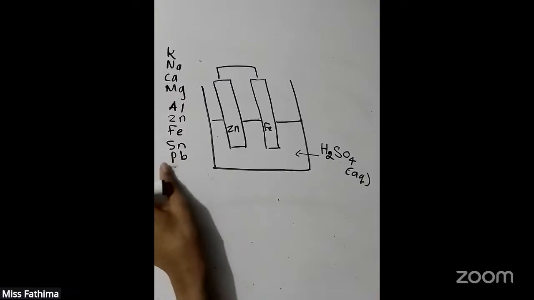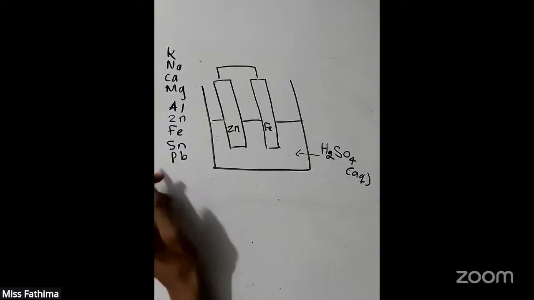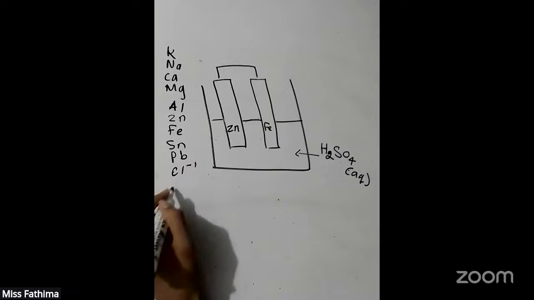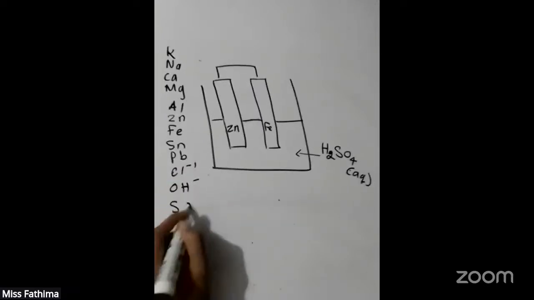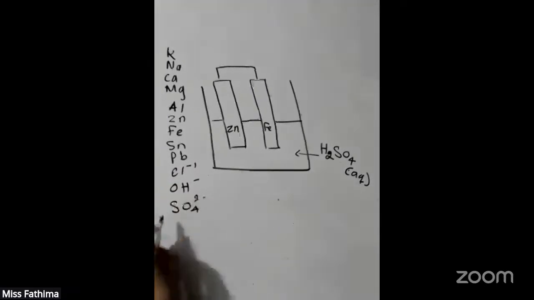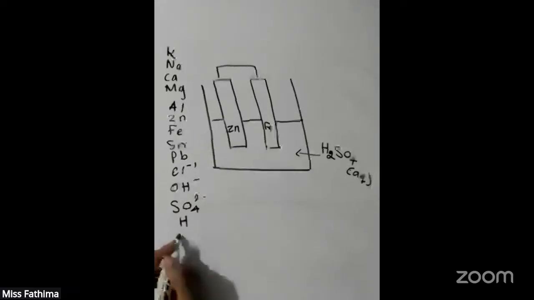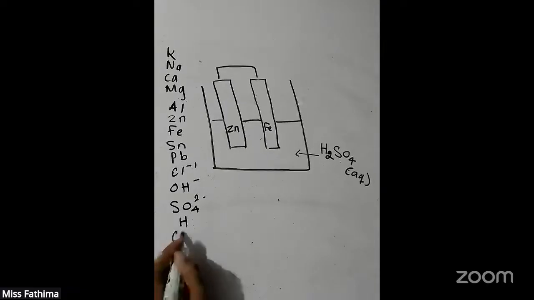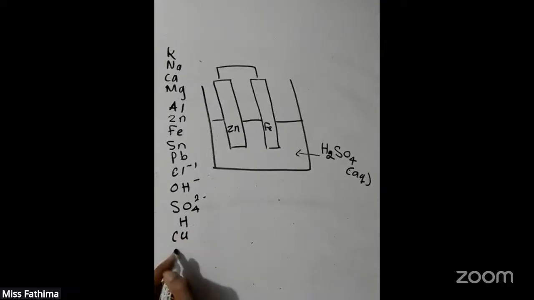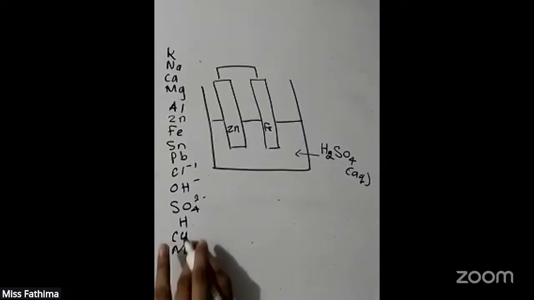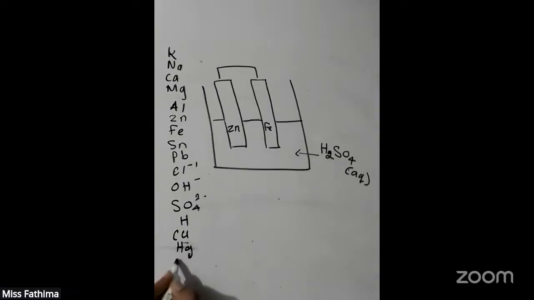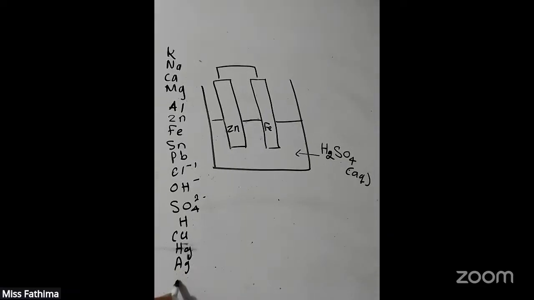Now here you have to add, as I told you, three other ions: Cl minus, OH minus, SO4 2 minus. Then you continue with hydrogen, then copper, mercury, silver, platinum and gold. Very good. Very good, Sahna.